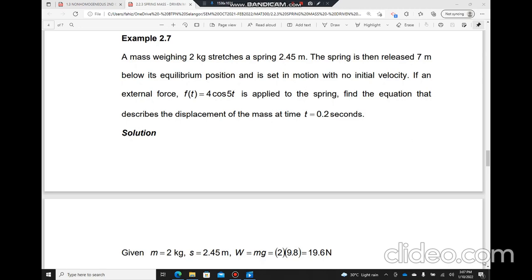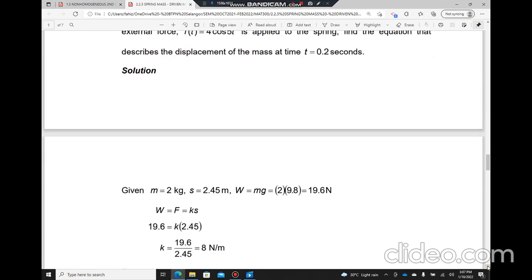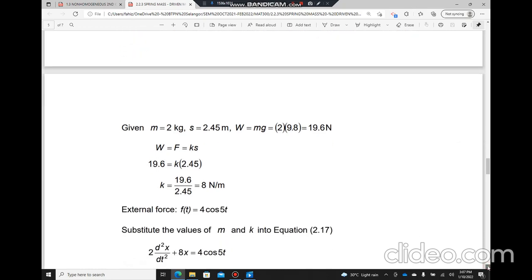Okay, so this one sama juga given m equals to 2 kg, s equals to 2.45 and W equals to mg. Sebab m ni dia dah bagi 2 kg and then s, spring stretch dia dah bagi 2.45 and then kita nak cari weight. Weight m darab dengan g, so dapat 19.6.